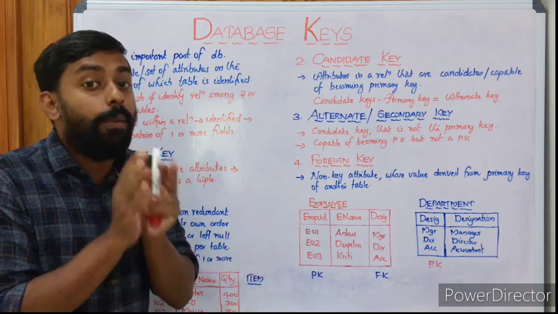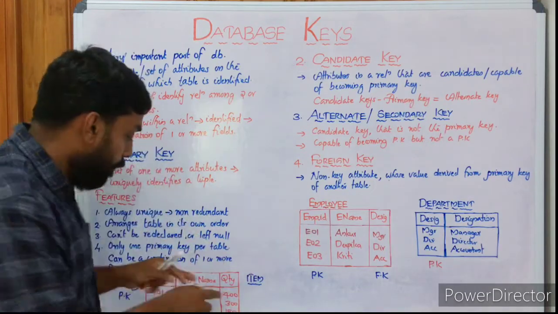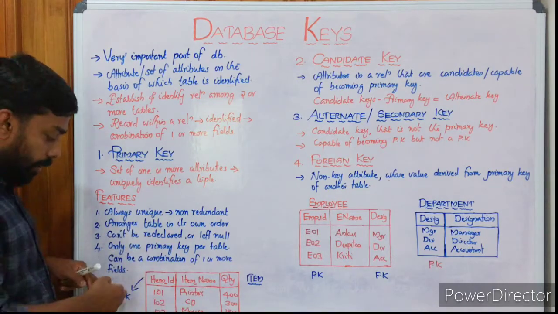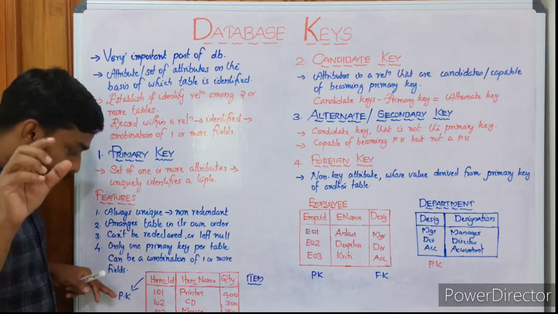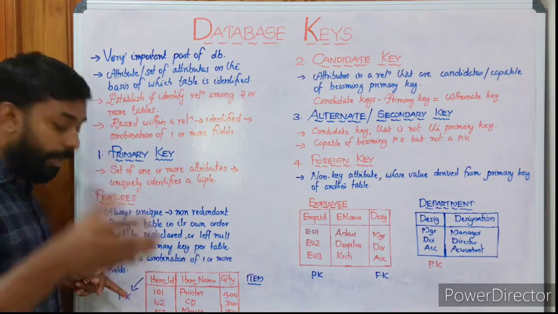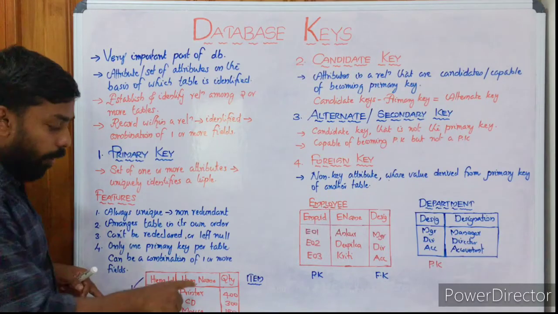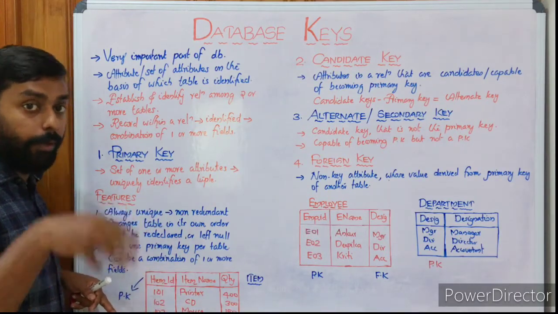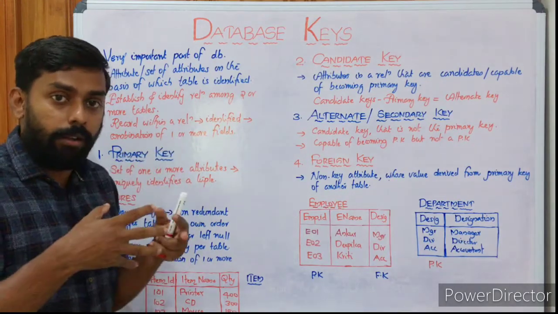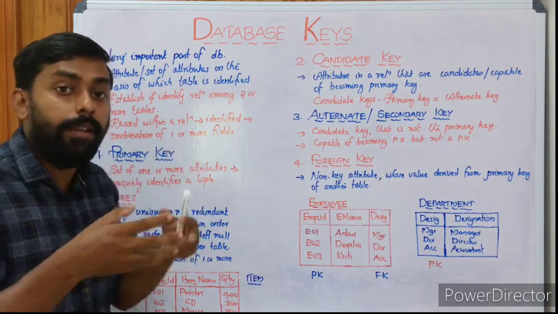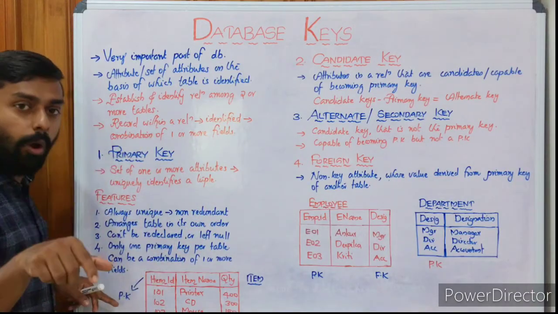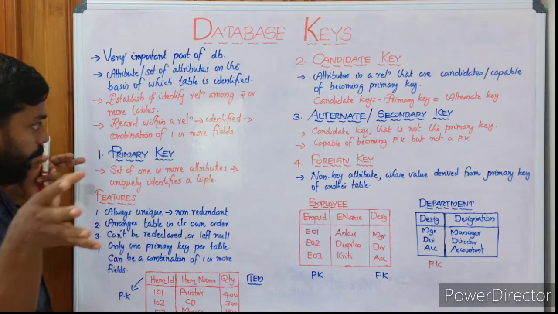Sometimes, we cannot take item name alone as the primary key, because there may be duplication, but item ID plus item name together can be considered as the primary key. But most of the time we use a single column as the primary key. It's already mentioned here.